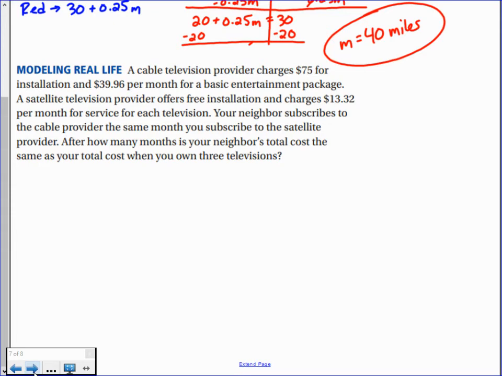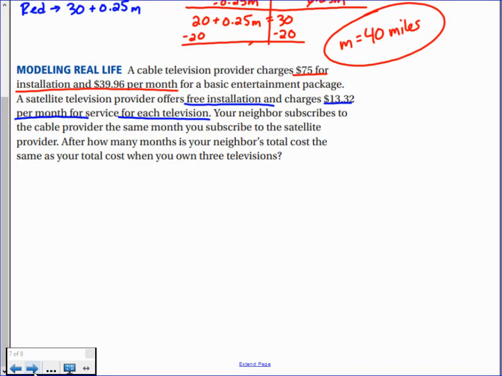Lots. So let's kind of break it down and just read through one part at a time, one sentence at a time. So a cable television provider charges $75 for installation and $39.96 per month. A satellite television provider offers free installation, so you don't pay anything for installation, okay, and charges $13.32 per month for each television.